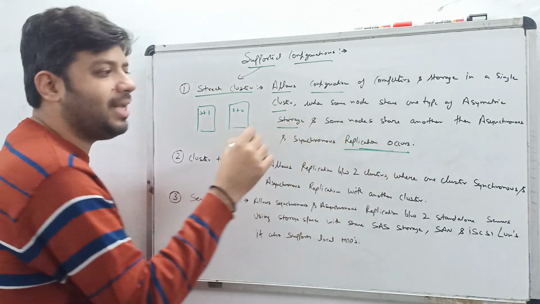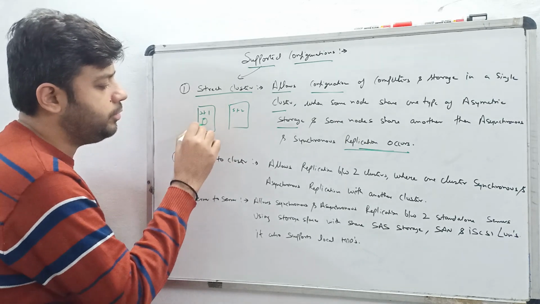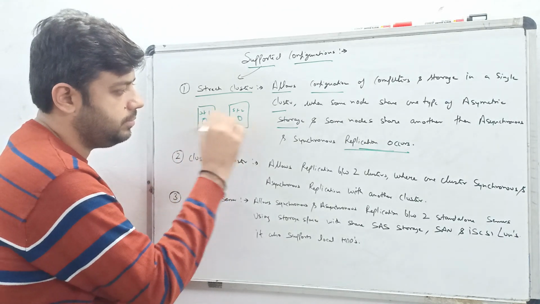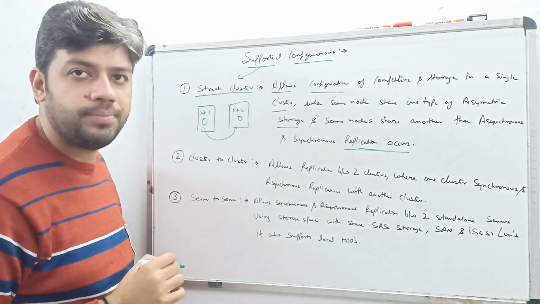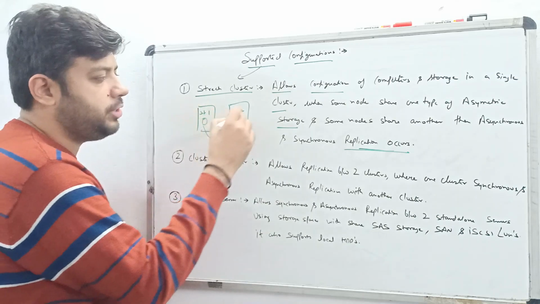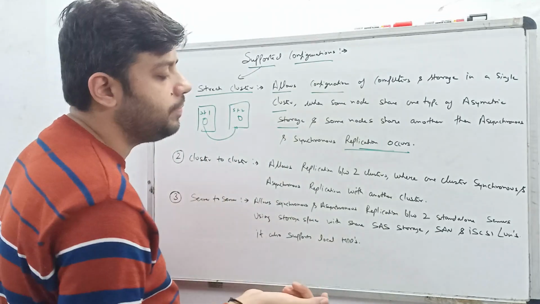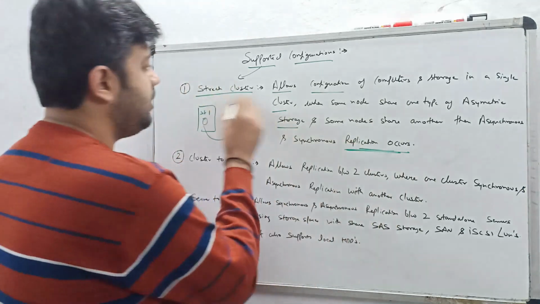If I save some file over there, it's automatically replicated and saved over there too, in the different storage. If one storage is down, the second storage is there to access the same data or file or folder. So this is the stretch cluster.